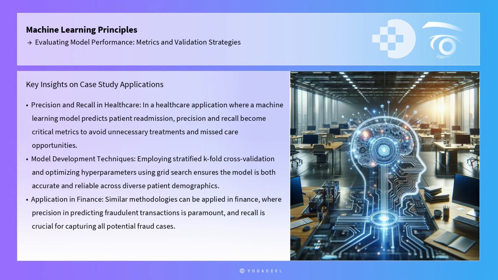By employing stratified k-fold cross-validation and optimizing hyperparameters using grid search, the development team can ensure the model is both accurate and reliable across diverse patient demographics. Similar methodologies can be applied in other domains, such as finance, where precision in predicting fraudulent transactions is paramount, and recall is crucial for capturing all potential fraud cases.